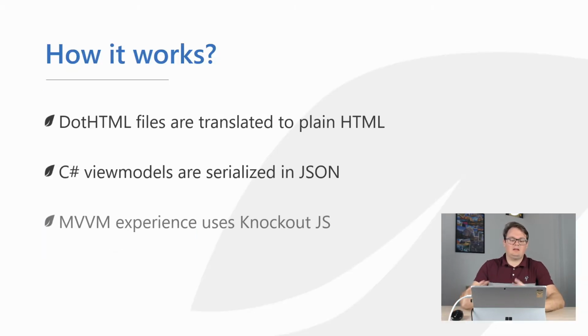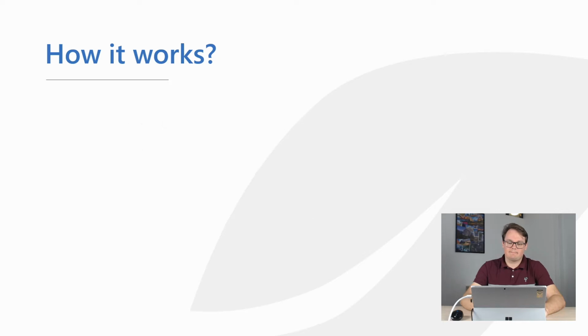Okay, and MVVM uses the Knockout.js library, which was really popular a few years ago, and right now there are other frameworks. Vue is using a similar approach to Knockout, so we are still using Knockout, but maybe in the future .vvm can switch to another framework. Right now we are still quite happy with Knockout, and it's quite easy to use from JavaScript.